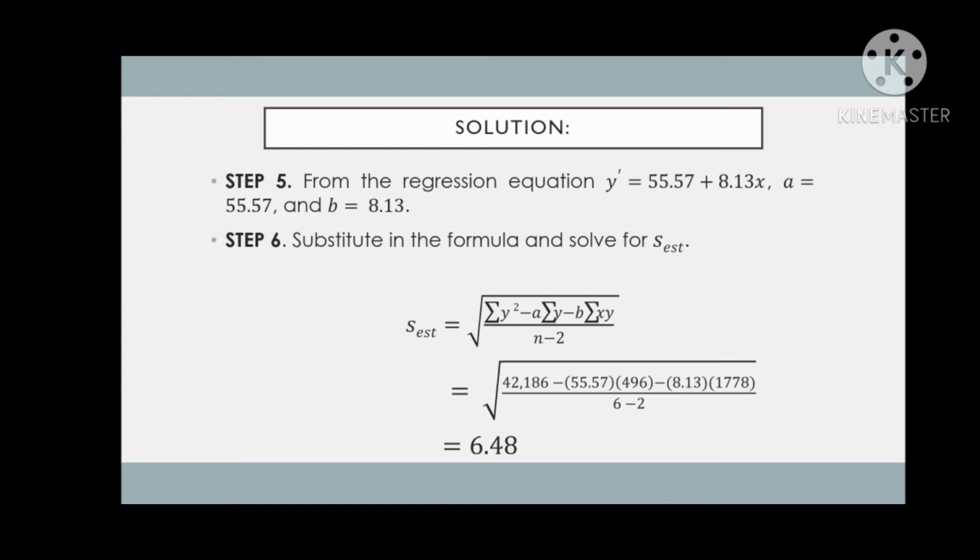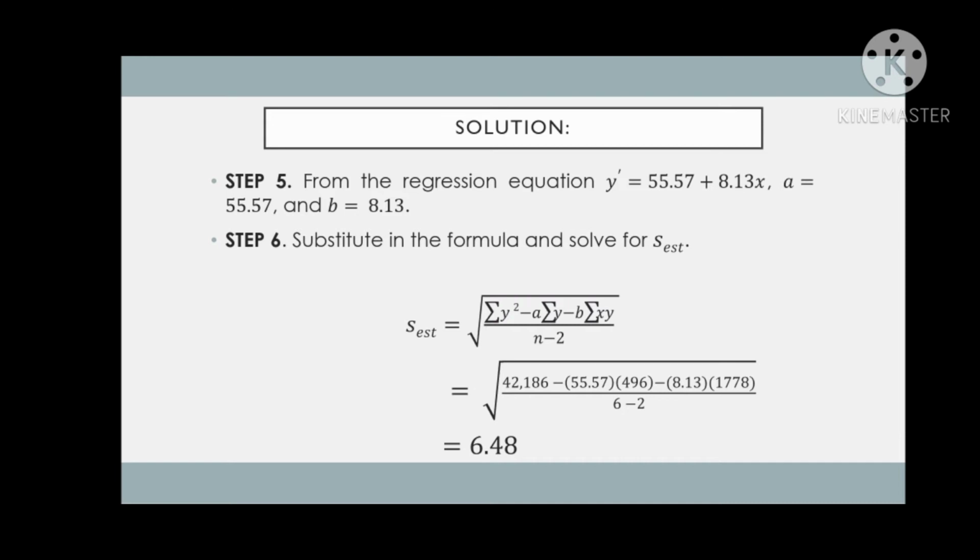For step 6, substitution. Substitute those values that we gathered before in our table. We have S sub EST equals the square root of summation of y square minus a times summation of y minus b summation of x and y, all over n minus 2, is equal to the square root of 42,186 minus 55.57 times 496 minus 8.13 times 1,778, all over 6 minus 2.